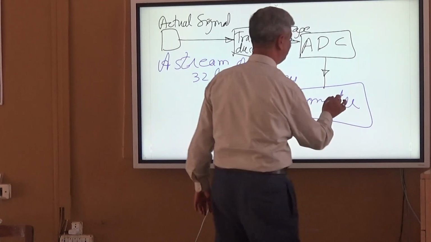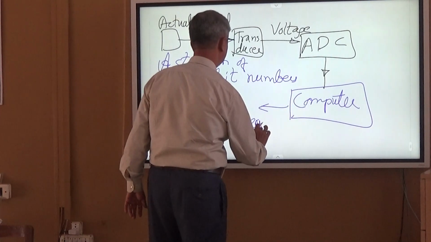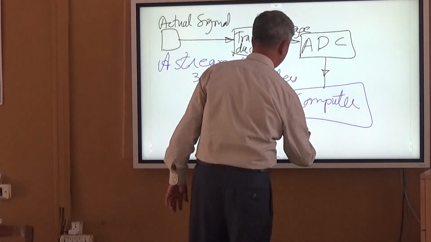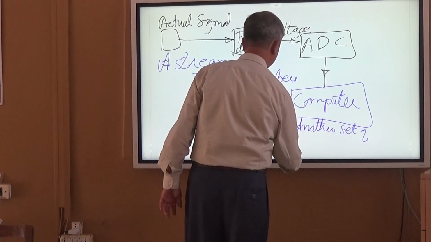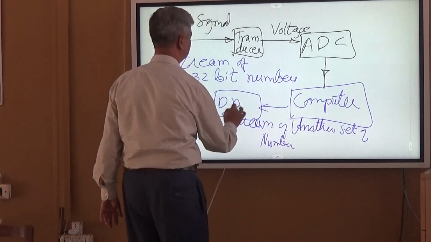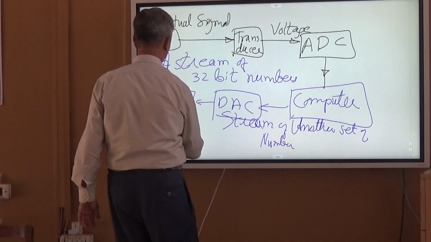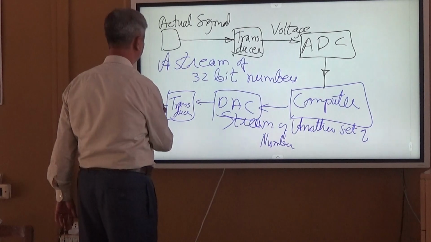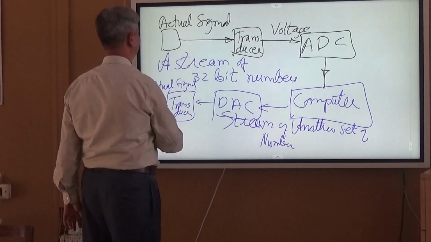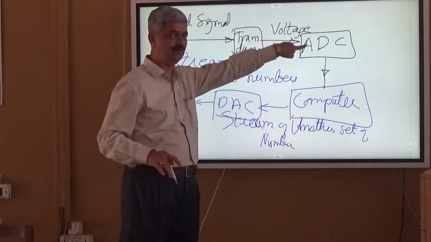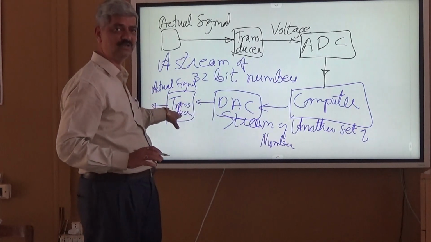So those numbers are processed using a computer. And what does it produce? It produces a stream of another set of numbers, and that is given to the DAC, and that is given to the other transducer, the reverse, that is the speaker. Again, the actual signal is converted to voltage, given to the ADC, given to the computer, processed, a new signal generated, and given to the actual reverse transducer.